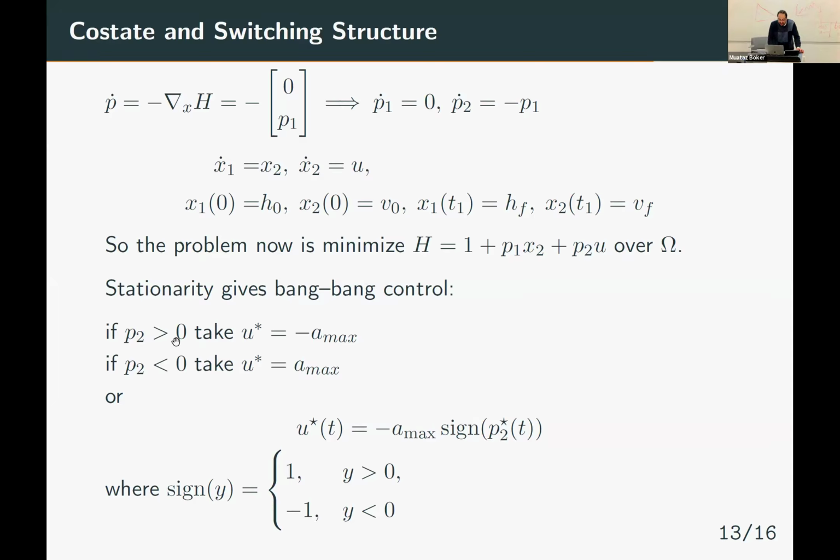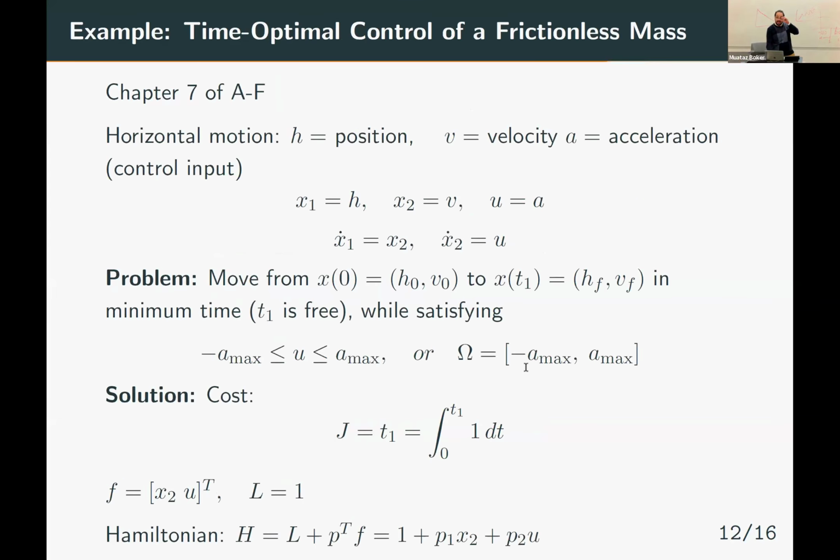So what that means is, if P2, which is the coefficient of u here, is positive, then for H to be minimum, take the minimum value of u. Remember, u takes values from minus A max to A max. So the minimum value is minus A max.